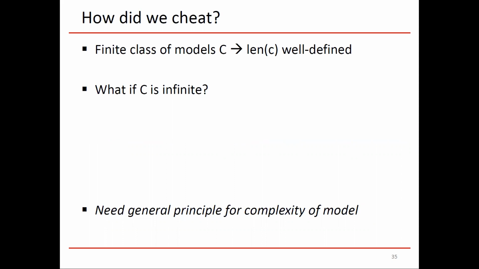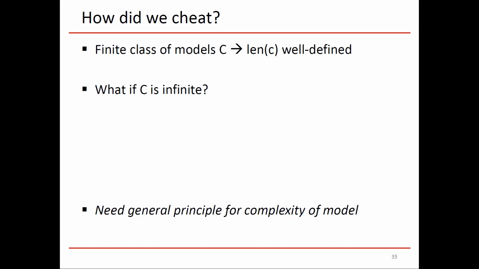So recall that if we have a finite model class capital C, and recall that capital C is a class of possible models. There could be a very finite, very fixed number of models, or more typically, there may be a parametric class, and as the data becomes longer, the number of models increases with the data. But if it's a strictly finite class of models, then the length of a specific model, which we call lowercase c, is well defined.